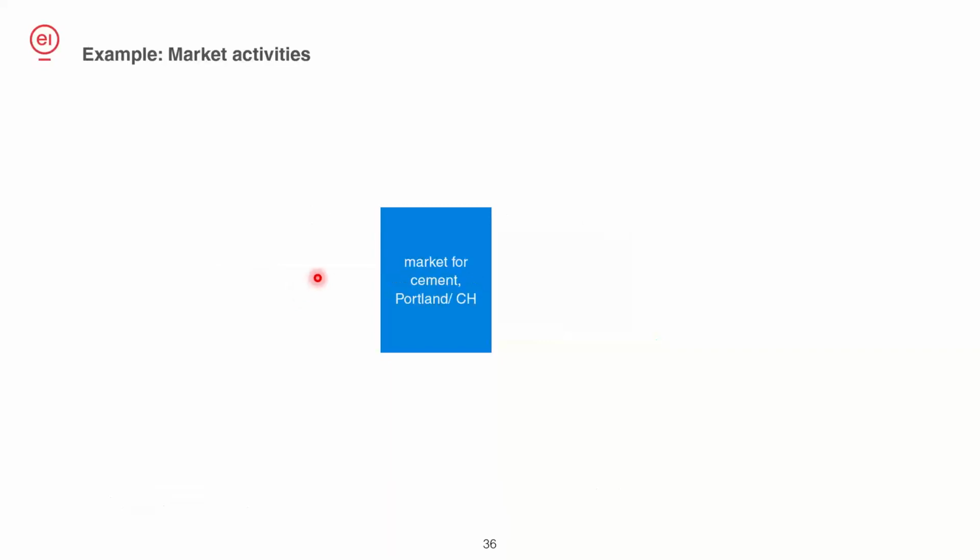Let me explain more with the example of cement. In the case of cement production that we saw before, the product is leaving the production facility. So the product has all the impact from the production.